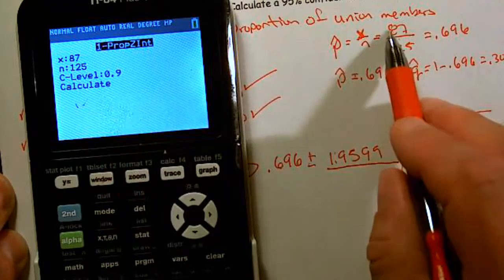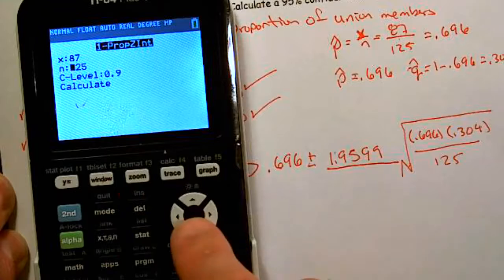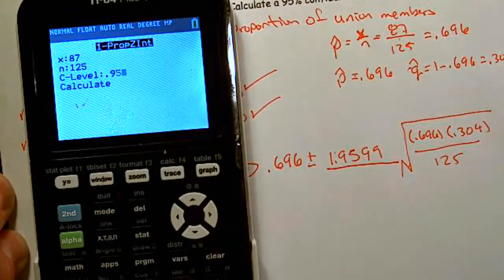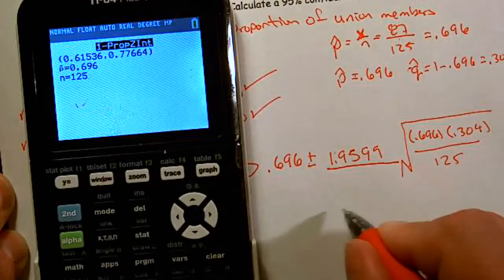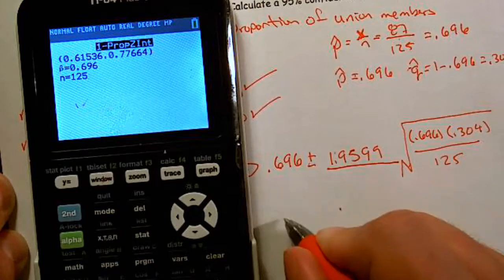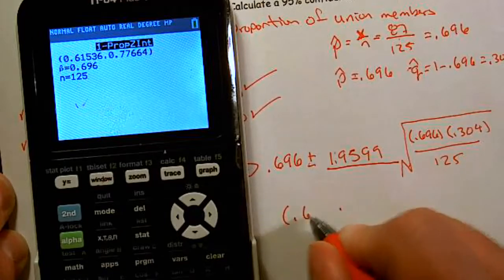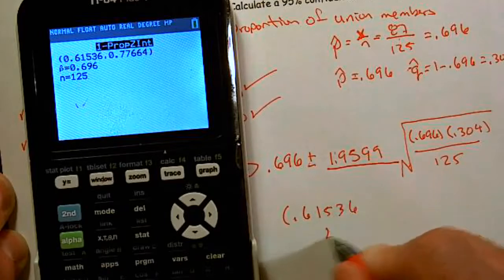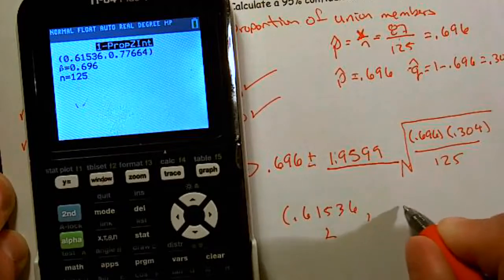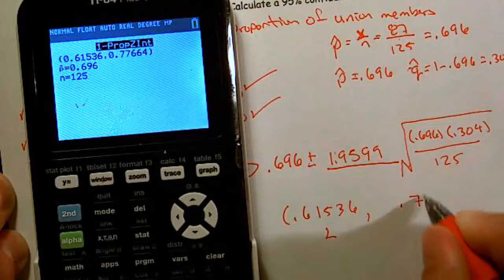So basically, this is the information for p hat. And I need a confidence level, they said, of 0.95. So here's my interval. My lower bound is 0.61536. My upper bound is 0.77664.